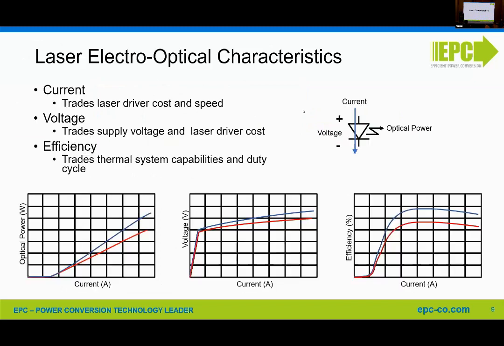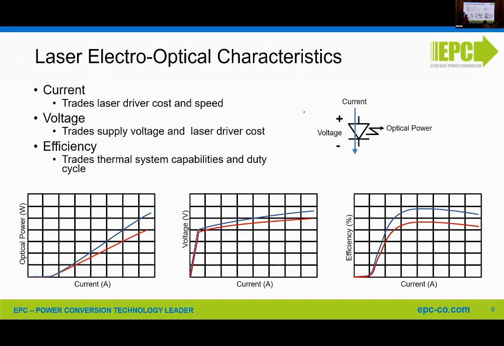Laser characteristics. These curves are generic, and they're very similar for any laser you're going to find. You're going to have a current, and that's going to give you an optical power. So you're going to have a current versus optical power curve. The necessary optical power will give you the current necessary to get that power.